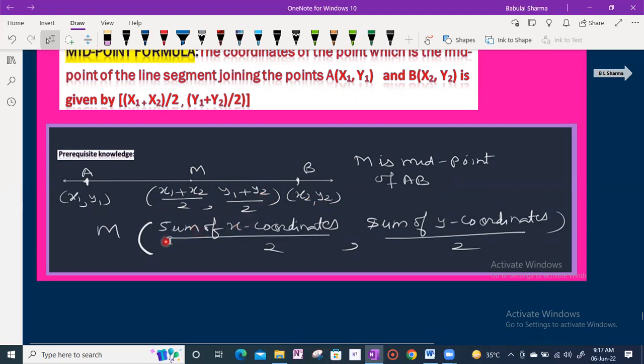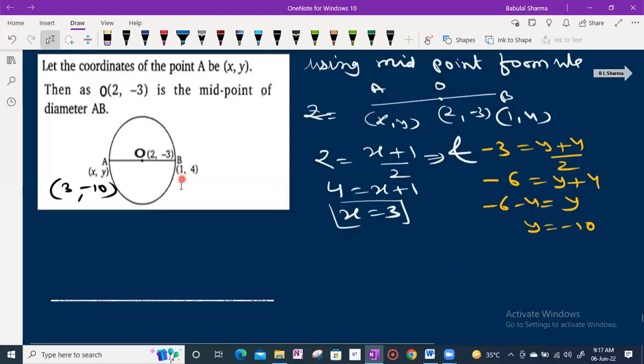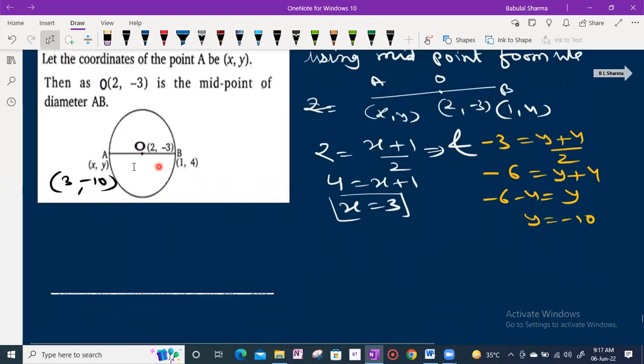For this point, 2 is equal to x plus 1 divided by 2. On calculating, x is equal to 3. And -3 is equal to y plus 4 divided by 2.